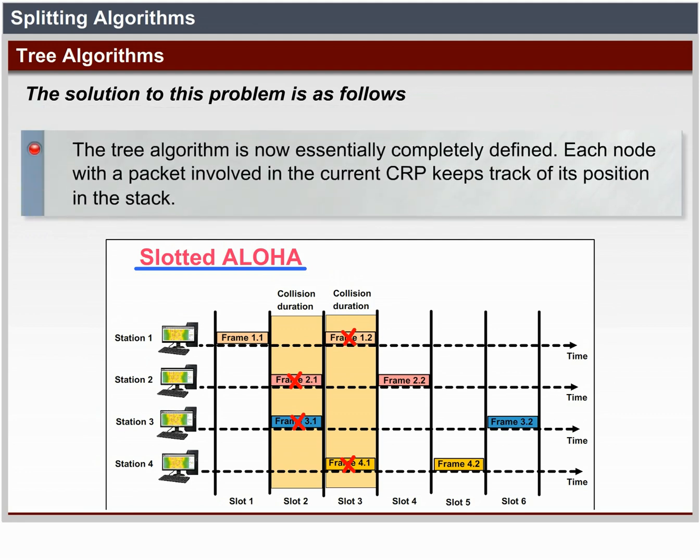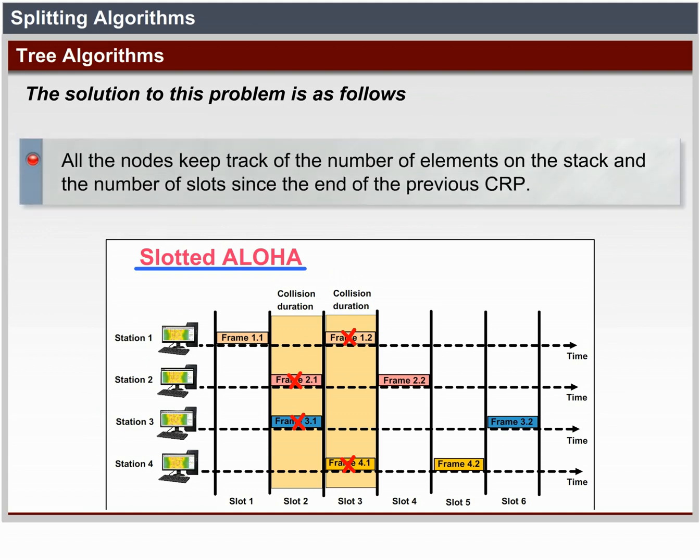Each node with a packet involved in the current CRP keeps track of its position in the stack. All the nodes keep track of the number of elements on the stack and the number of slots since the end of the previous CRP.